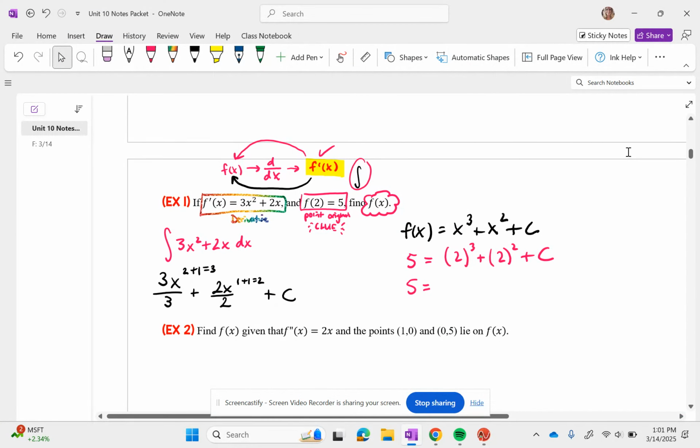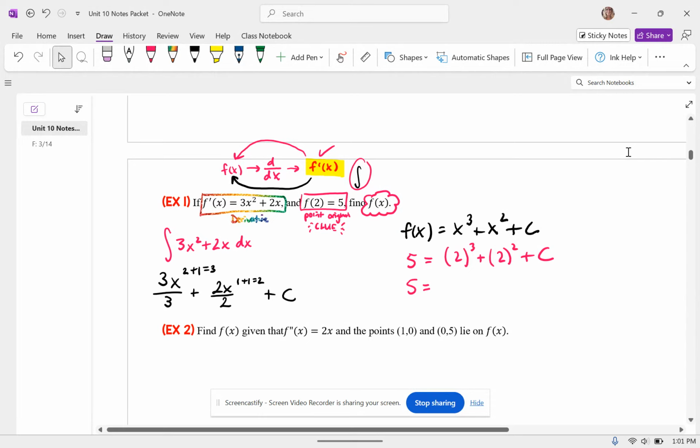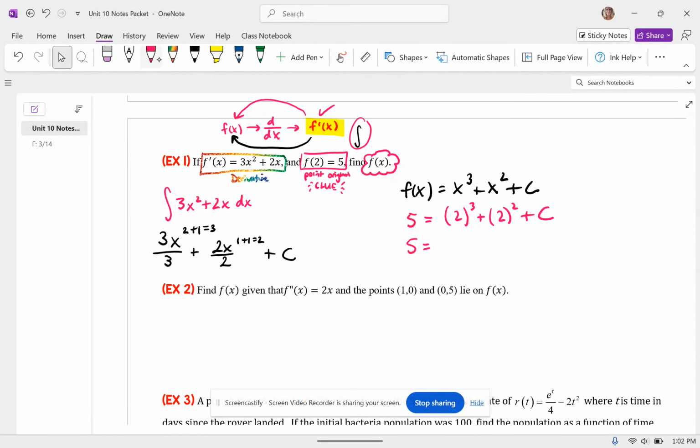Hi, welcome. I just remembered that I should record this for you. So far, what we did is we were given the derivative, we integrated to find the original, and now we're using the clue to substitute back in and find out what C is.